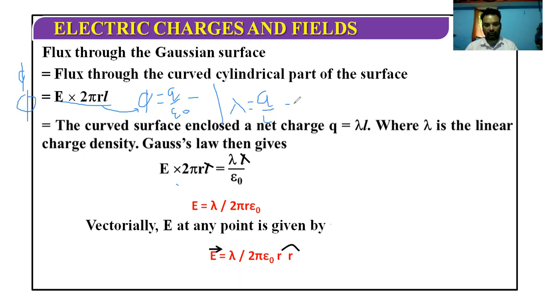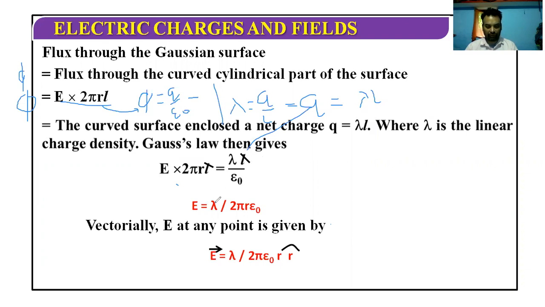So from here we can find that Q is equal to lambda into L. So place the value of Q, lambda into L. So E into 2 pi RL is equal to Q by epsilon naught, and Q is replaced by lambda into L. So now this L is cancelled.